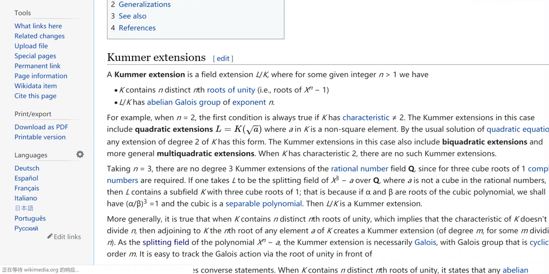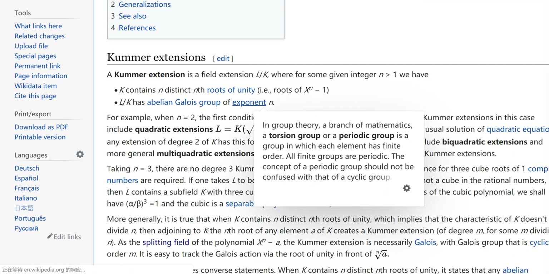Let's look at Kummer extension. A Kummer extension is a field extension over K where for some given integer n, the first condition is that K contains the nth roots of unity, that is mu n is contained in K, okay? The second is that the Galois group is an Abelian group of exponent n. So what is exponent?